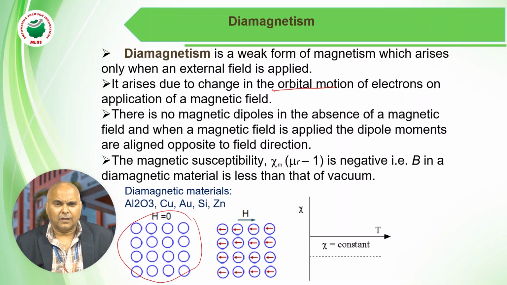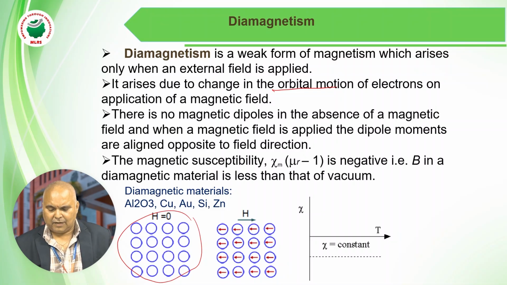There are no permanent dipoles without a magnetic field. If you apply the field, dipoles form and their movement is opposite to the magnetic field direction. Because of this opposite direction, the magnetic moment value will be negative, and it will be a very small value.